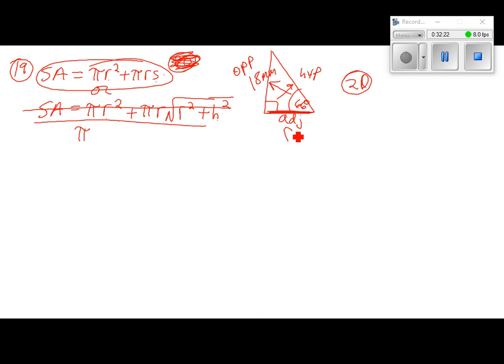So I set up adjacent and opposite, that's tangent of 66 equals 18 over r. Grab your calculator and you find the tangent of 66.